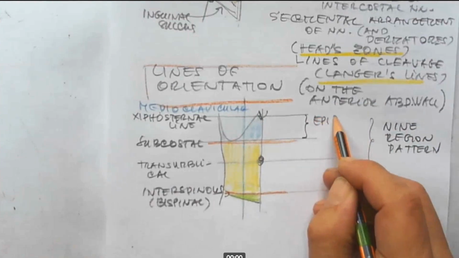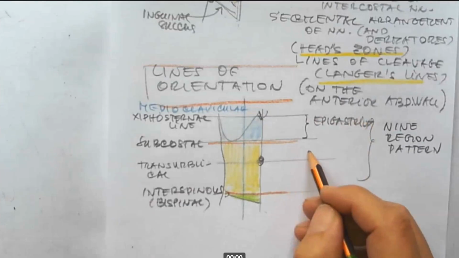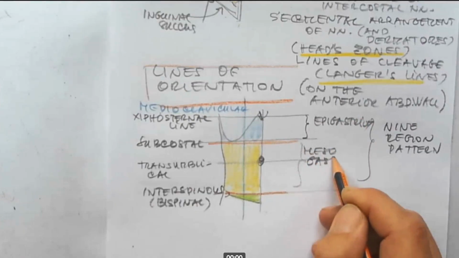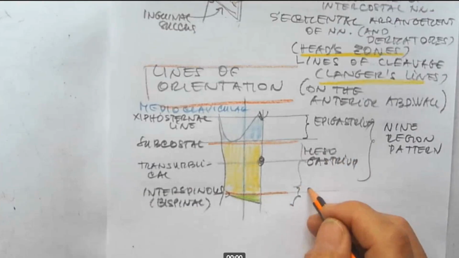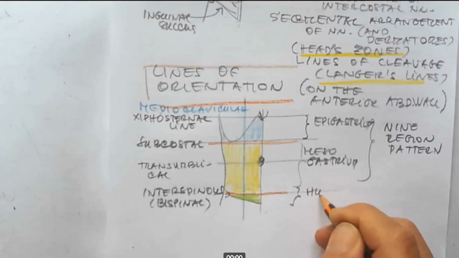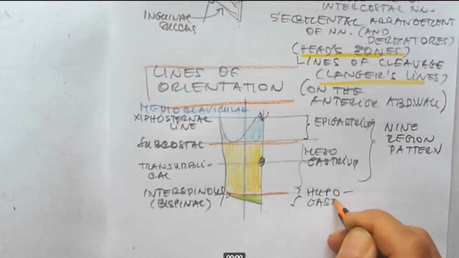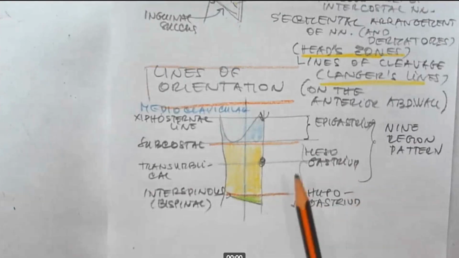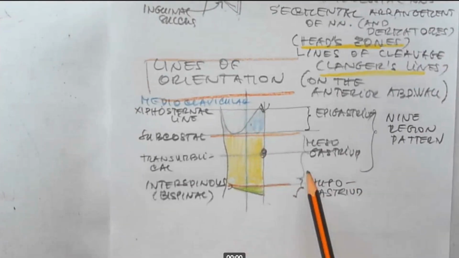That one is called mesogastrium. And finally, that smallest one is called hypogastrium.